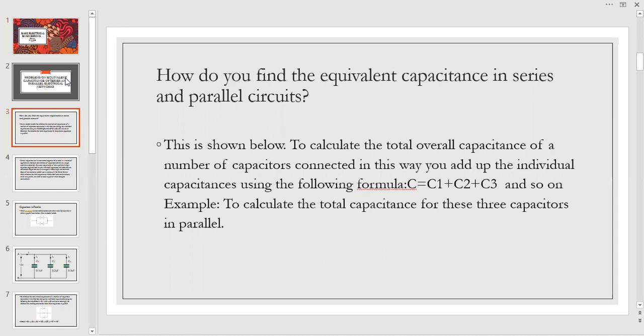To calculate the total overall capacitance of a number of capacitors connected in this way, you add up the individual capacitances using the following formula: C total equals C1 plus C2 plus C3 and so on. Example: to calculate the total capacitance for these three capacitors in parallel.